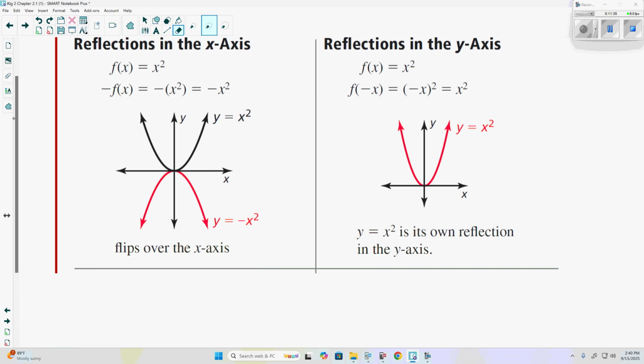Now, for the most part, with our x squared, if we just reflect it across the y-axis, it doesn't tell us anything, because x squared, this parent function, is considered to be an even function. It's reflected across the y-axis anyways. But if there is a negative in place of B, it's a reflection across the y-axis. If it's where A is at, outside the parentheses, it's across the x-axis.